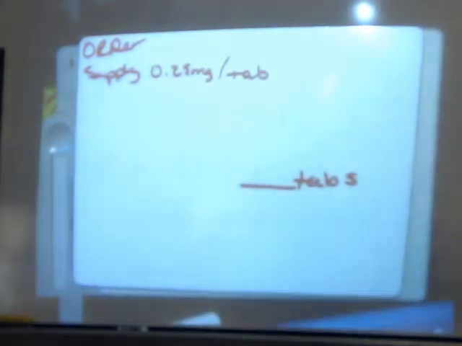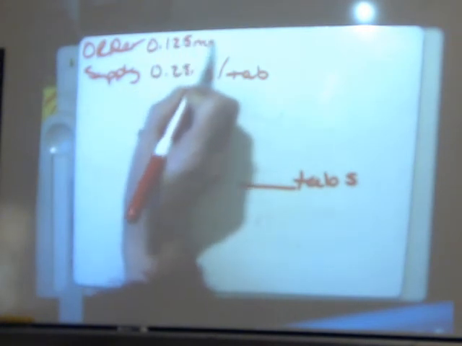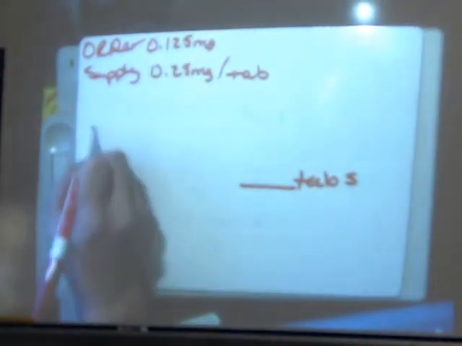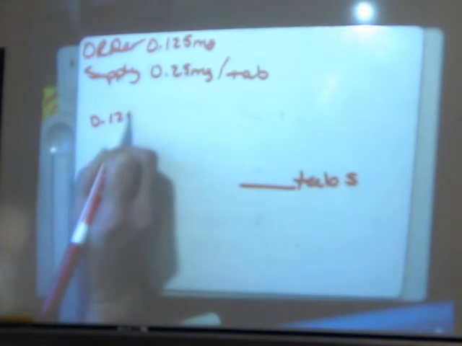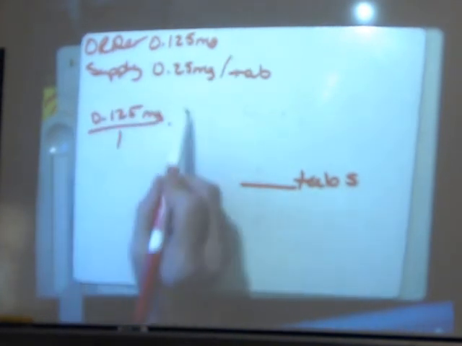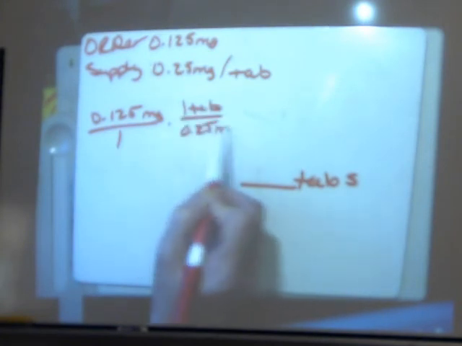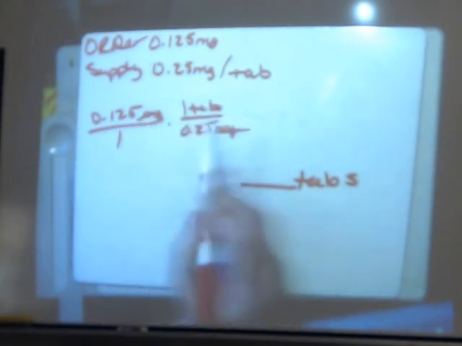And when we look back on our order sheet, in our order list, it says digoxin. What is ordered is 0.125 milligrams. So we're going to put our order here. And what we have on hand is 1 tab that equals 0.25 milligrams. Get rid of our milligrams. We have our tabs left.